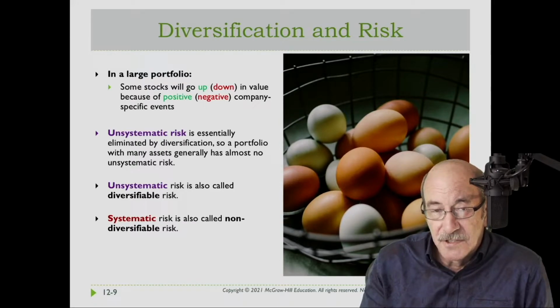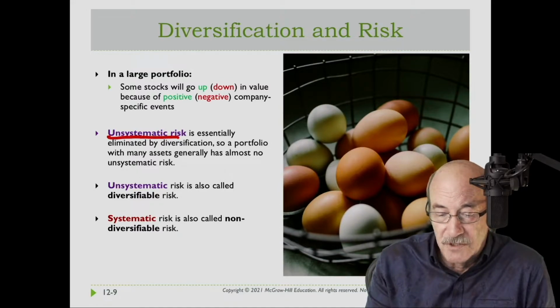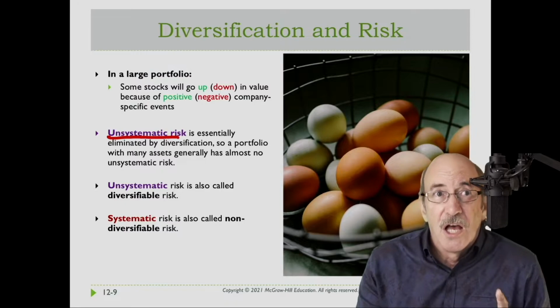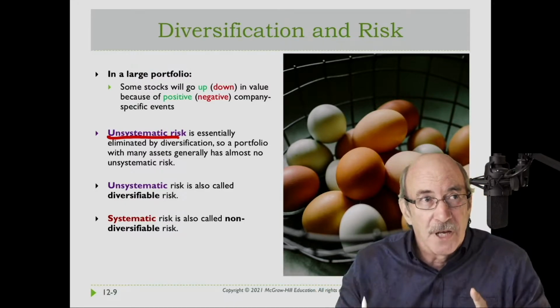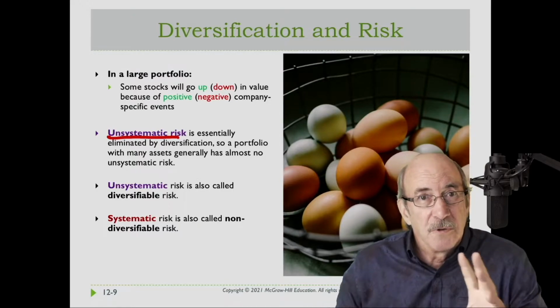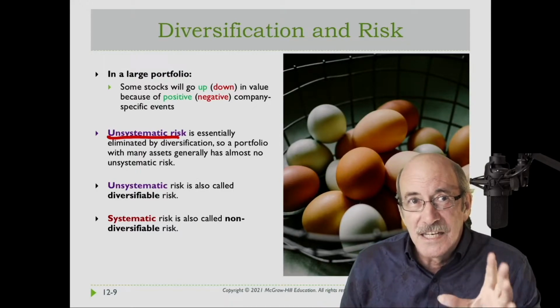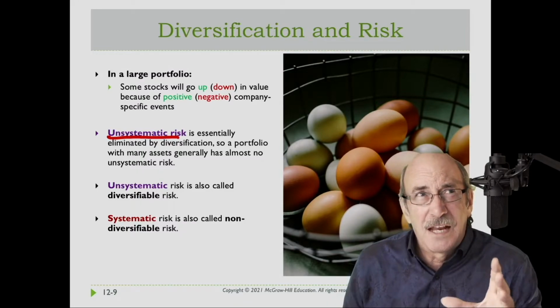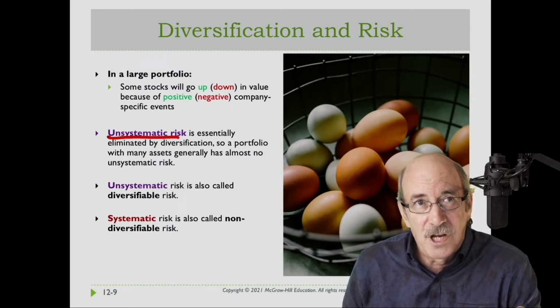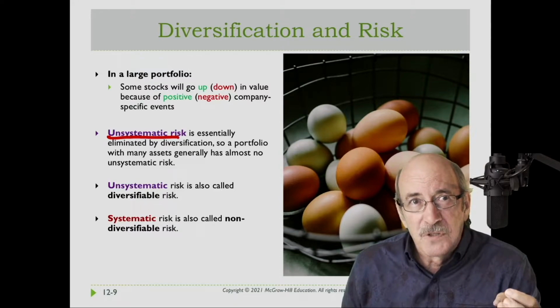That's related to this unsystematic risk. And as long as the unsystematic risk is not related to the unsystematic risk of other companies, in other words, I mentioned the term IID, independent and identically distributed. We talked about that, I think, in the Efficient Markets chapter, chapter 7.